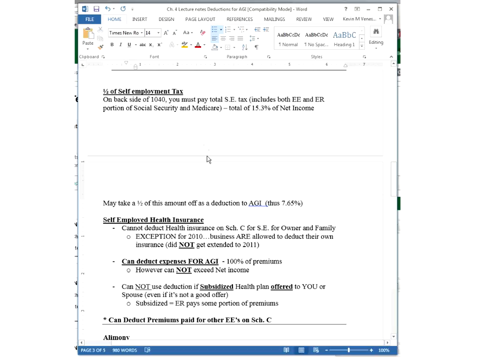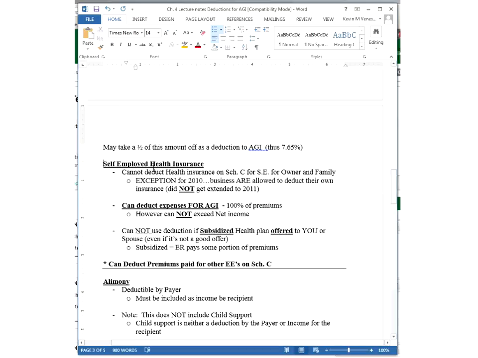So if you can't make a deduction on your business, say for that $1,000 of health care premiums, then you're going to pay 15.3% on that $1,000, where if you could take it as a business deduction, you would be able to take that $1,000 off and not have to pay the 15.3%. So that'd be an extra $153 that you're having to pay in taxes, just depending on where you get to make the deduction.